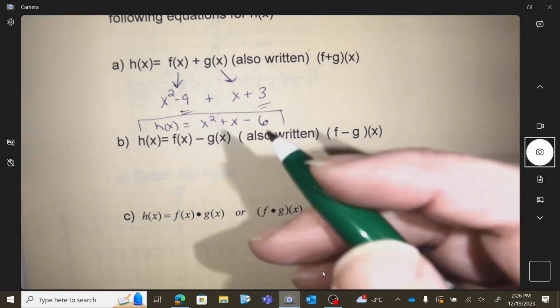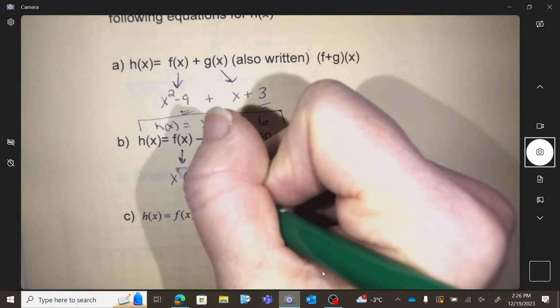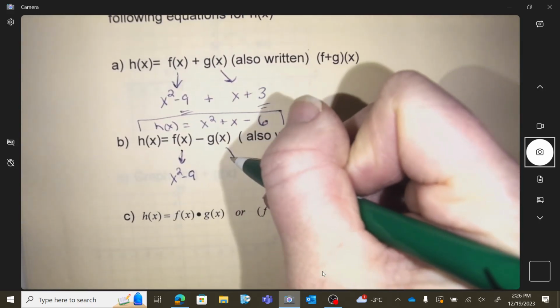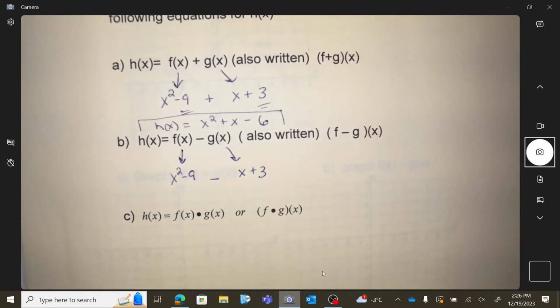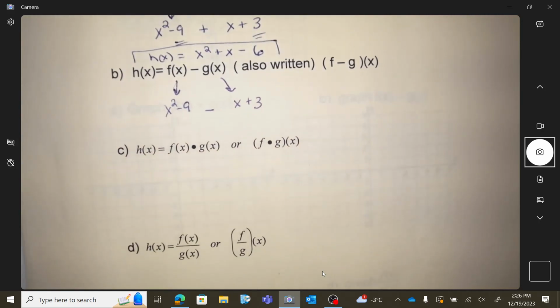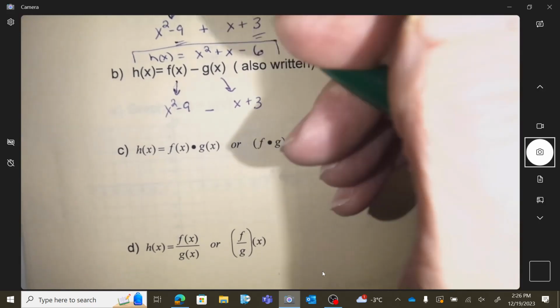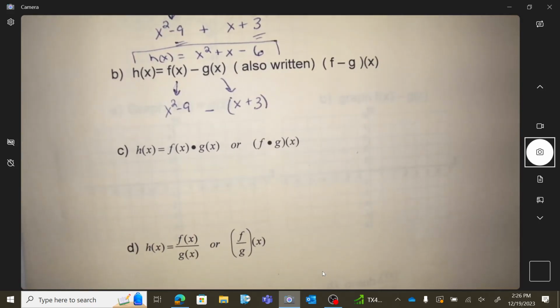Okay, another one. So f of x subtract g of x. And I wrote something specifically with a mistake. What is my mistake right now? Brackets. When you subtract, you have to subtract the whole thing of whatever you're doing.